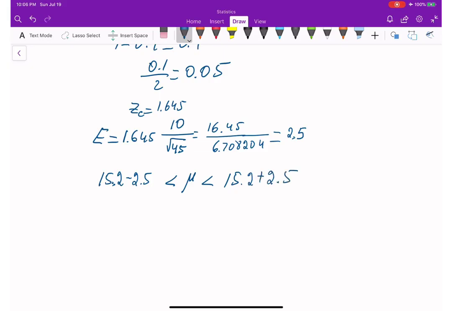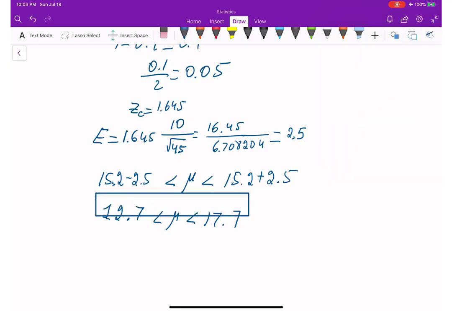And as a result, you are getting 12 minus 5 is 7, 4 minus 2 is 2, and here is 1. So mu is greater than 12.7 and less than, now let's add, 17.7. And this is going to be our confidence interval. Okay.